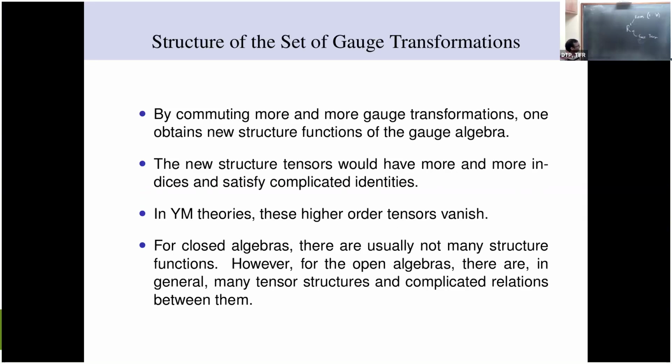These new structure tensors would have more and more indices, and they will satisfy some complicated identities. In Yang-Mills theory, these higher order tensors vanish; that's why we never talk about these. So for a closed algebra, there are not usually many structure functions. But if you have an open algebra, where you allow trivial gauge transformations proportional to the equation of motion, then there can in general be many tensor structures and complicated relations between them.